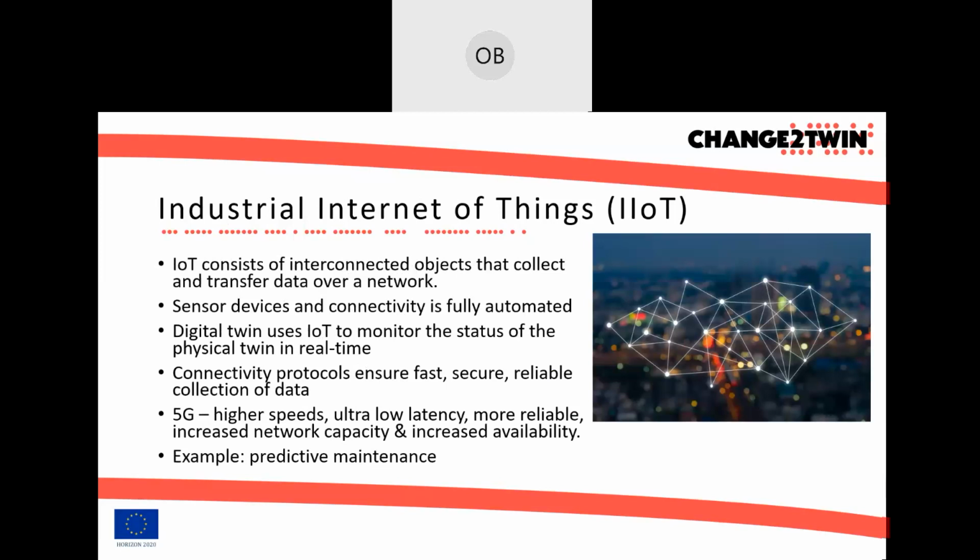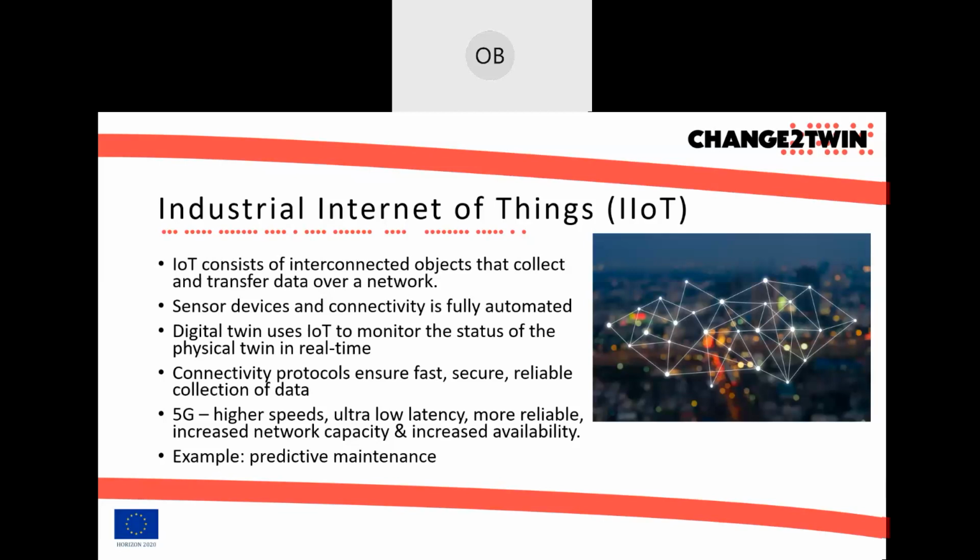In the context of digital twin, IoT devices are used to deliver real-time digital information about the status of the physical twin or the conditions that it's exposed to. So for a digital twin to receive up-to-date real-time information about the physical twin, there's a need to establish a communication pathway, which typically needs to be fast, it needs to be secure, and it needs to be reliable.